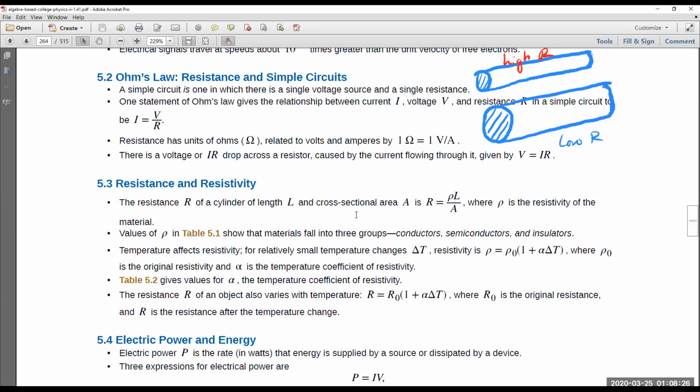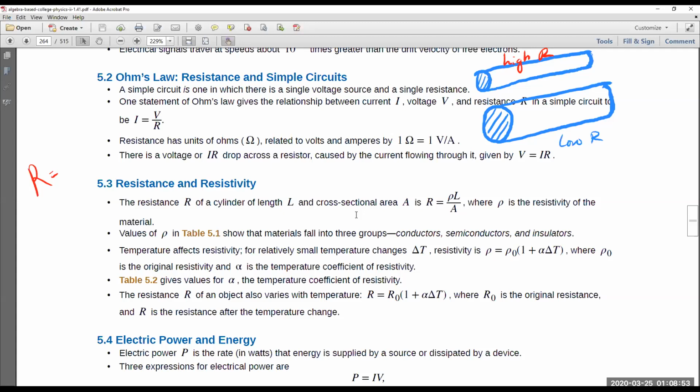So if we combine all these factors, we find that the resistance of a wire is proportional to its length. The longer the wire, the more resistance the charges will experience. The shorter the wire, the less resistance. And the resistance is inversely proportional to the area because as area becomes larger, resistance becomes smaller.